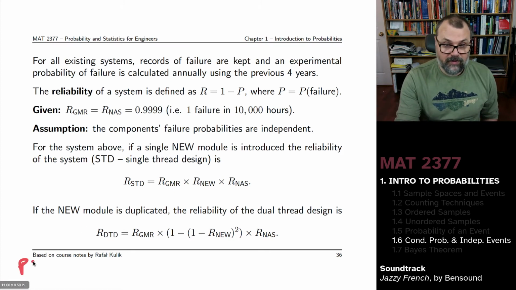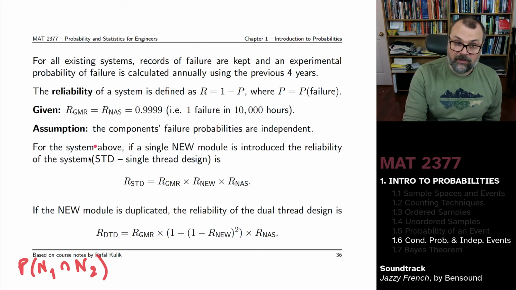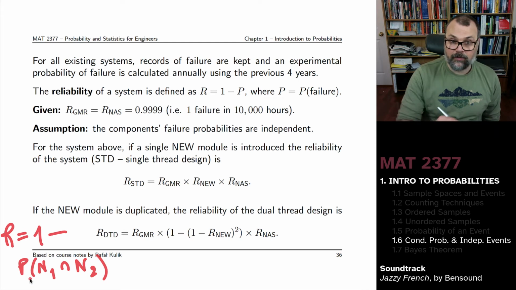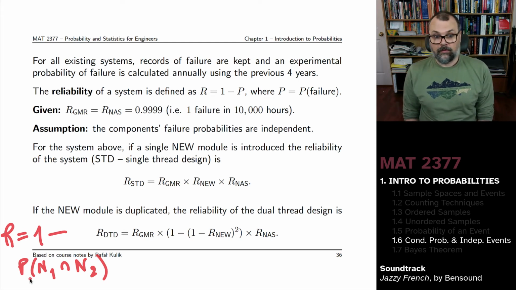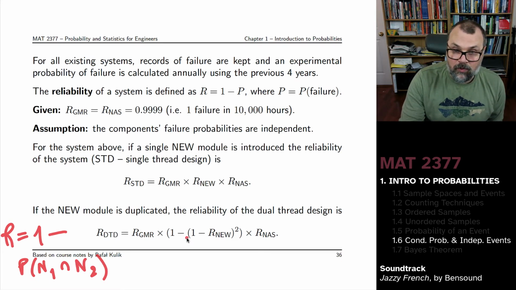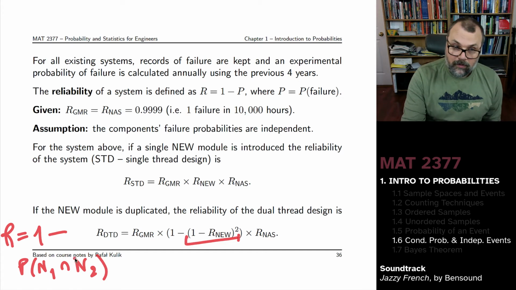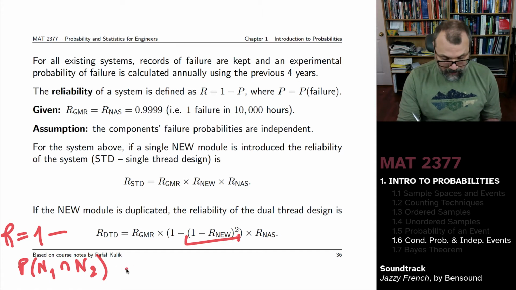Looking for the probability of new 1 failing and new 2 failing, right? And that's not the reliability though. The reliability would be 1 minus that number. As it happens, the probability of N1 and N2 both failing, we write them separately here.